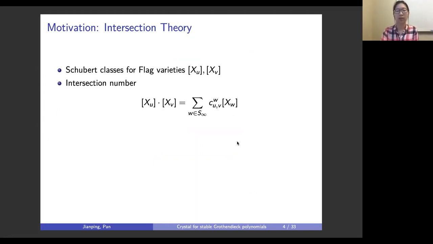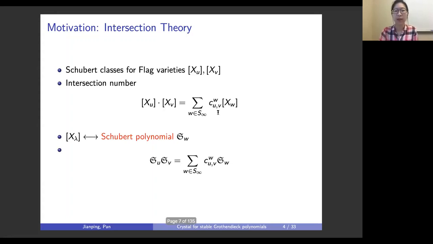Then you can take the cup product to compute their intersection number, which is given by the constant C with all the indices. And actually, they have polynomial representatives. In this case, they are the Schubert polynomials. In order to compute the intersection number above, we can instead compute the polynomial product. Then we get the same constant that we want. So this is a brief idea.